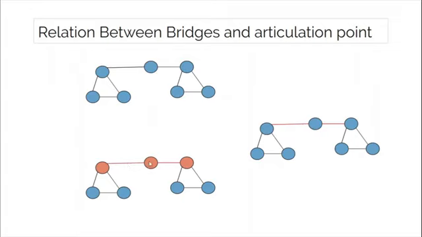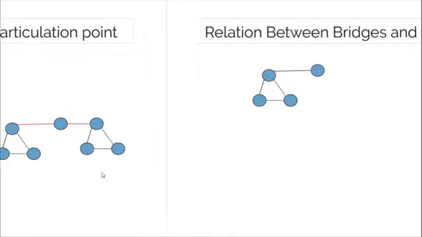The reason is, when this is a bridge, that means if you remove this edge, the graph would get disconnected. And these two endpoints, when you remove any of the vertices, what would happen?